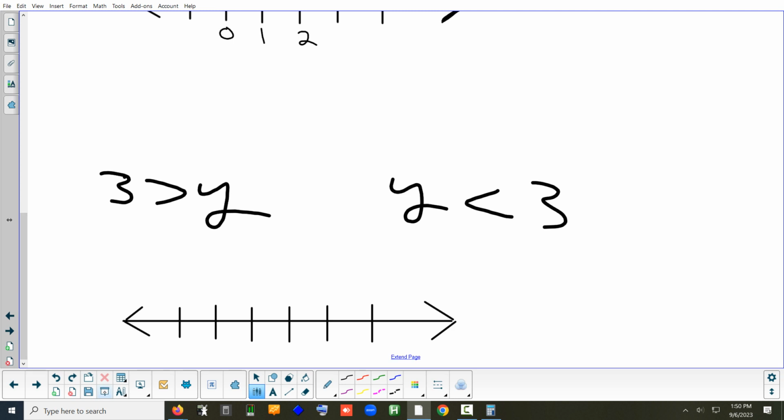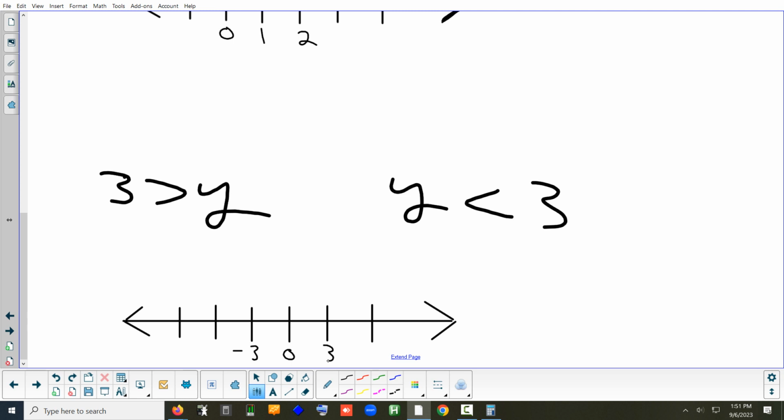Okay, this time I'm going to number my number line by 3s. So we'll go -3, 0, 3. Okay, and Lily Rose, what kind of circle am I going to use on 3?